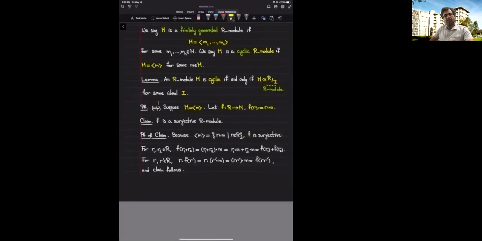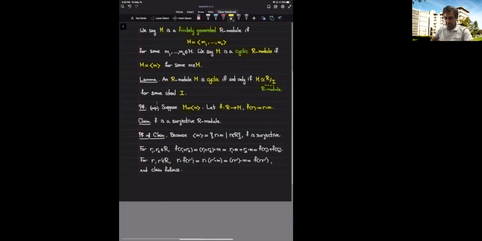So I get a function from the set of scalars R to my R module, capital M. Because this module is cyclic, because it's generated by this element m, we get that it is surjective. Now, my claim is that it is not only surjective, but also an R module homomorphism.